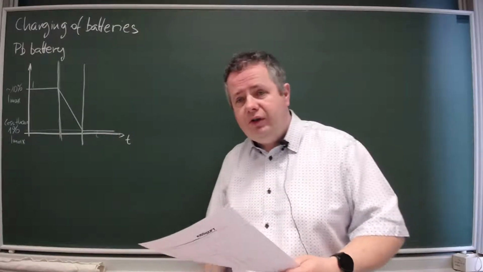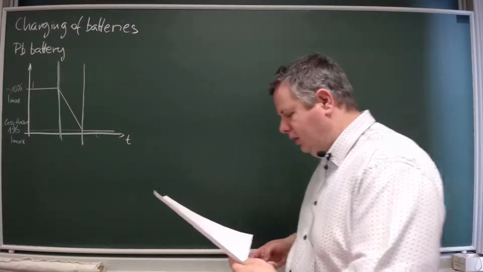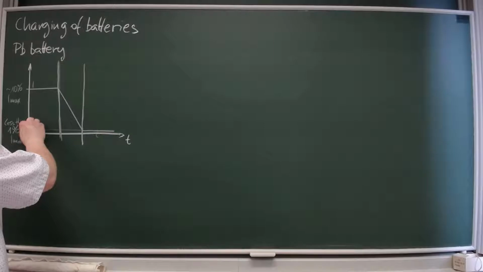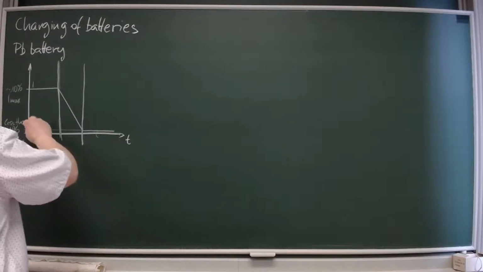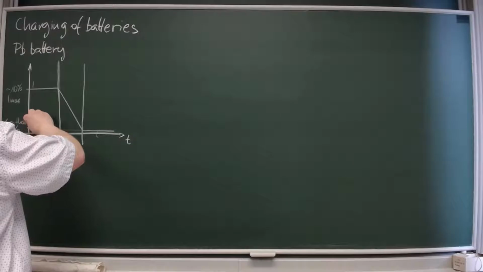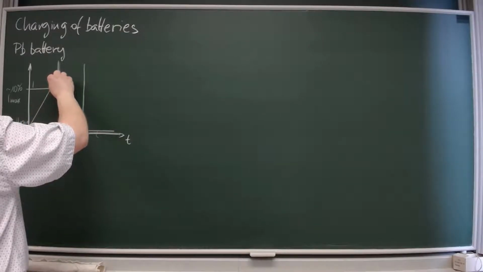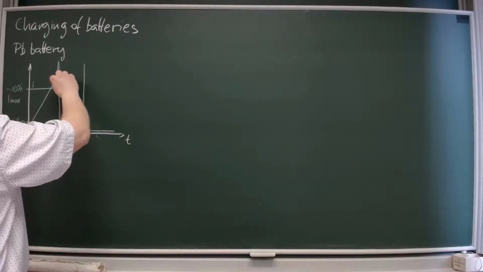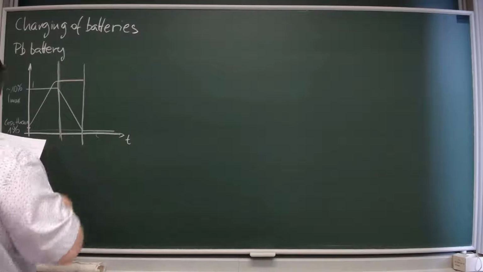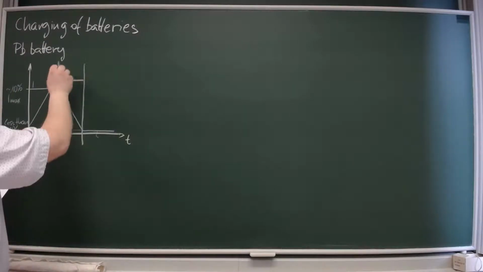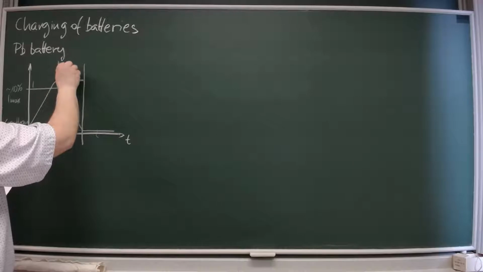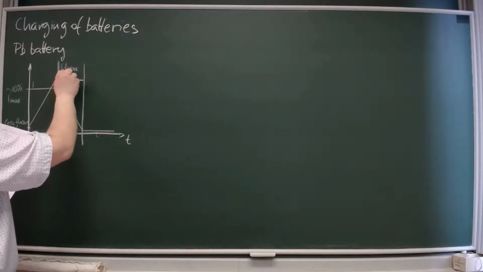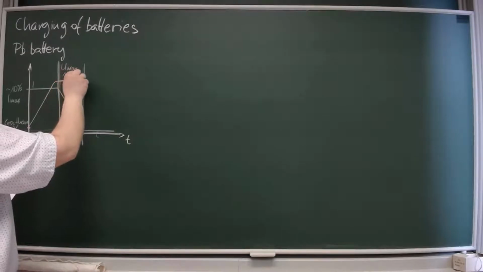How does the tension change in this case? The tension of the battery changes in the following way. We get a quite small value that goes up to a given value. It becomes stabilized and gets a more or less constant shape that we call U max, maximum tension. In case of 12 volts, let's say we get 14.4 volts.